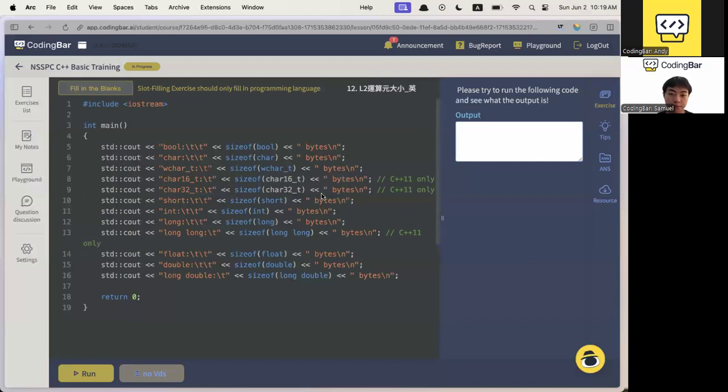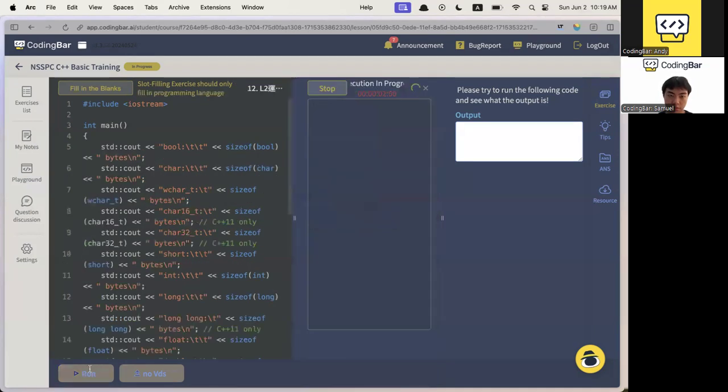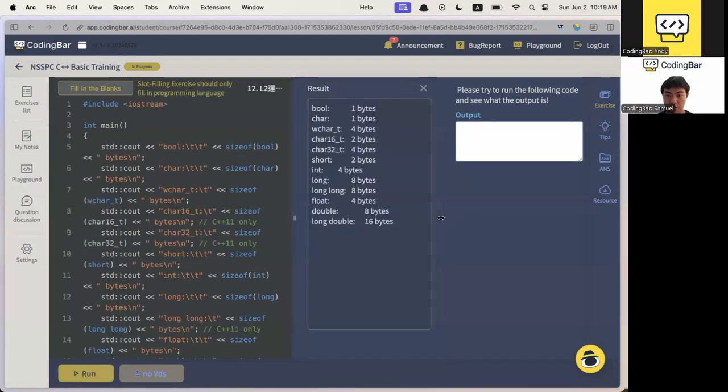And there's also a demonstration of how much space a kind of data type is taking. I think we'll cover more on this in the next lecture as well. For Boolean, it's taking 1 byte of space.